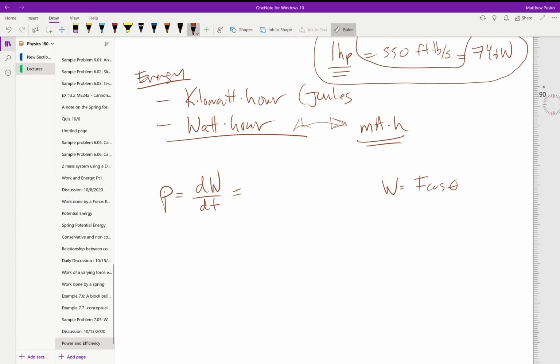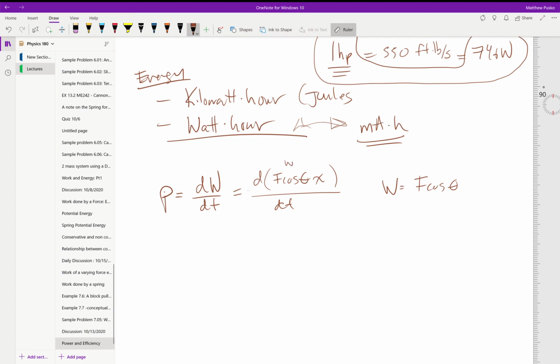So we'll have the time derivative of F cosine theta, and we end up with an x in there, right? And then this is a dt.